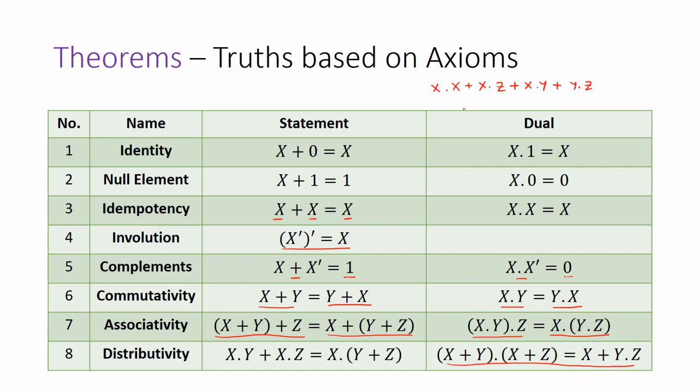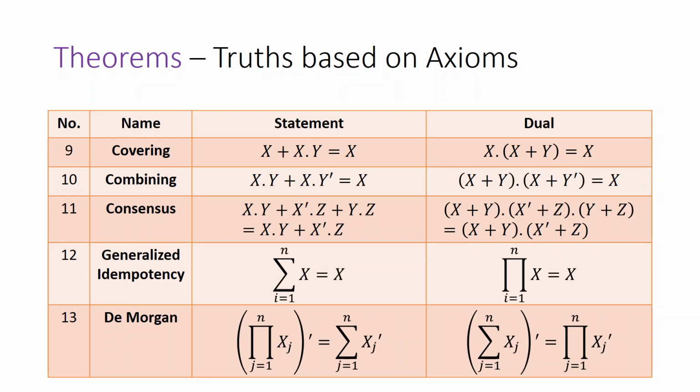I think one can do the proof by using 0 and 1. You can put 0 and 1 in all these cases, and you can see that both sides would come out equal every time. For every combination of 1 and 0, both sides would be the same. In that way you can prove this statement, this dual statement.